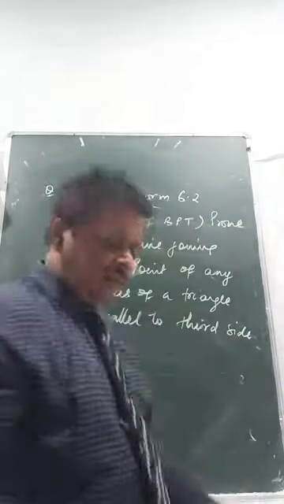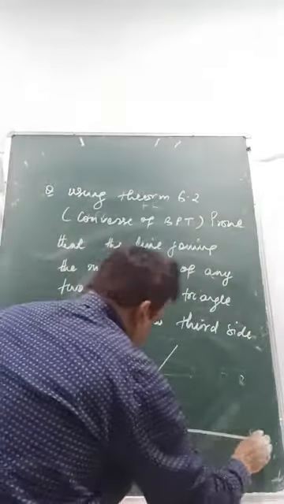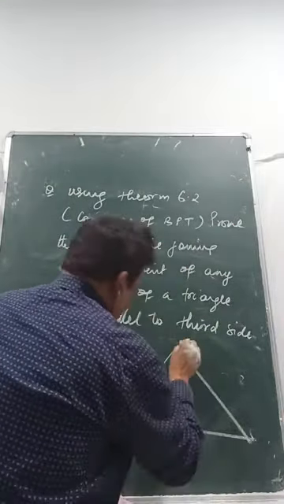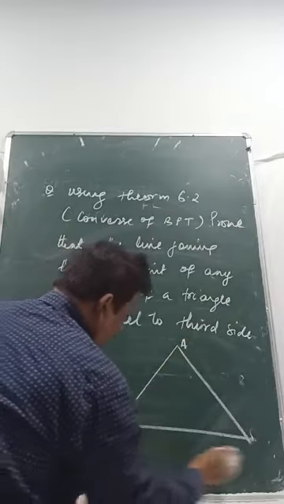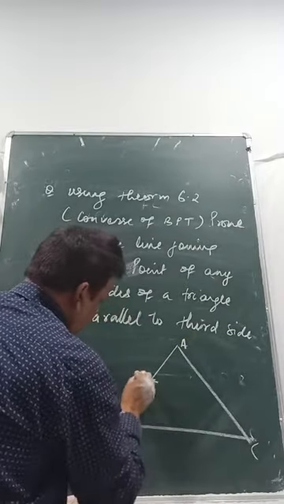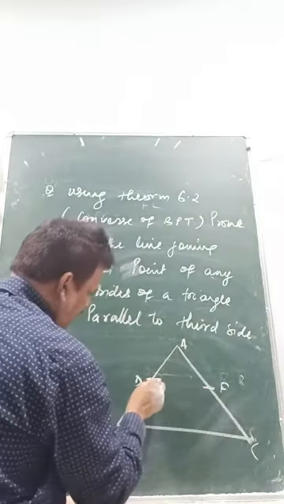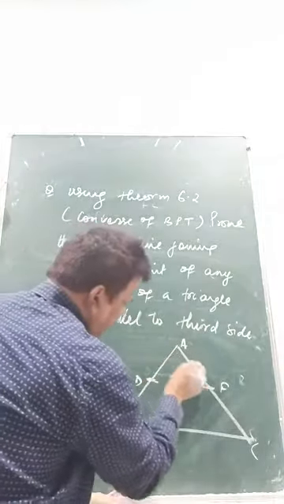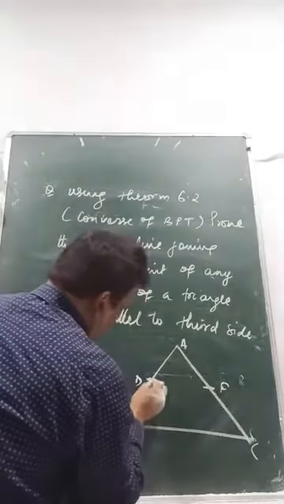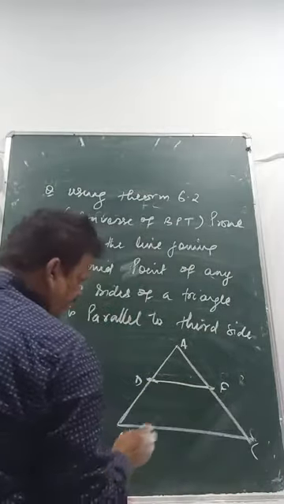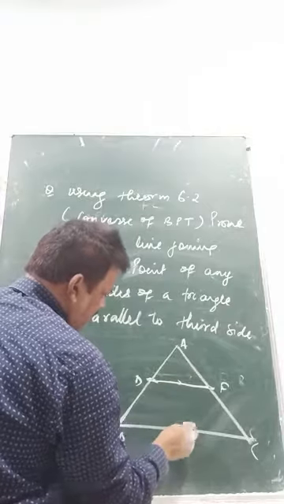It is simple. So you are given here triangle ABC. There is a point, suppose D, and there is a point F. These are midpoints. Means this part equals this part, and this part equals this part. So when you draw a line, you prove these two are parallel.